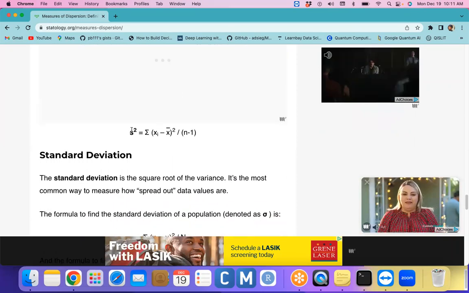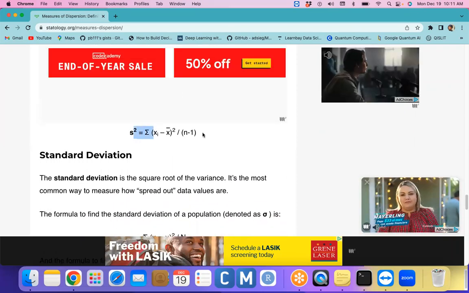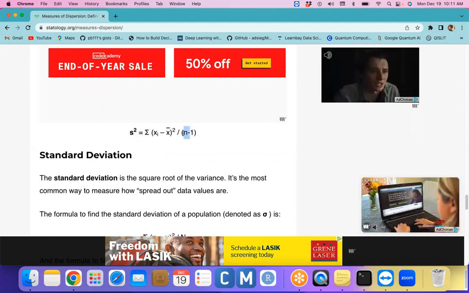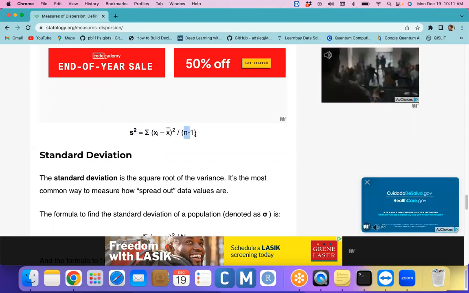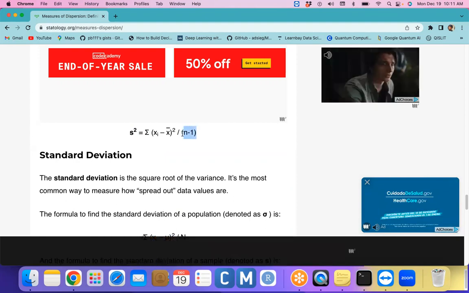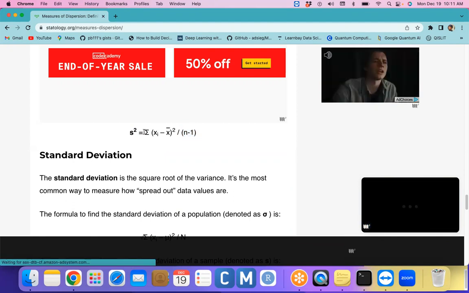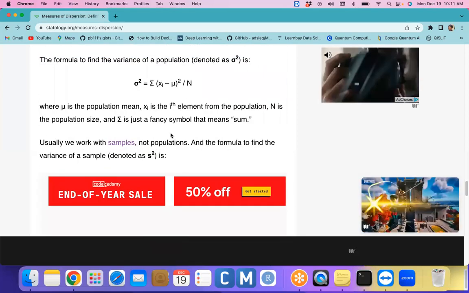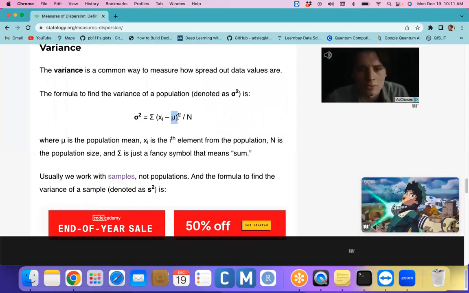For the sample variance, the formula is slightly modified. Here the sample size is represented with n. For example, if we have 50 samples, we divide by 50 minus 1, that is 49. The formula is otherwise the same. x bar is the sample mean, and mu is the population mean.